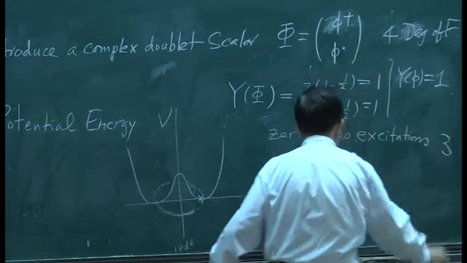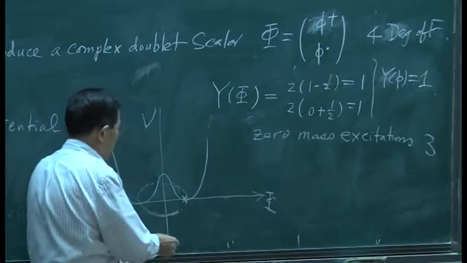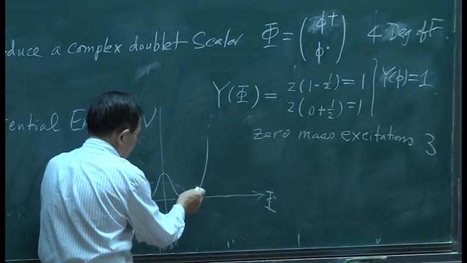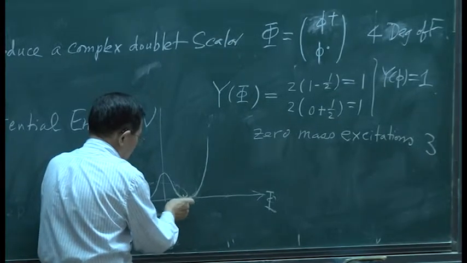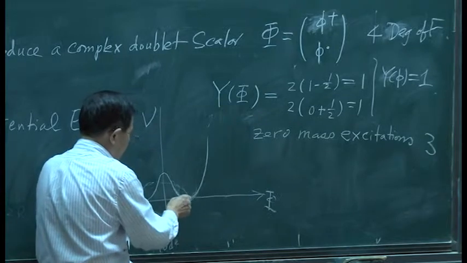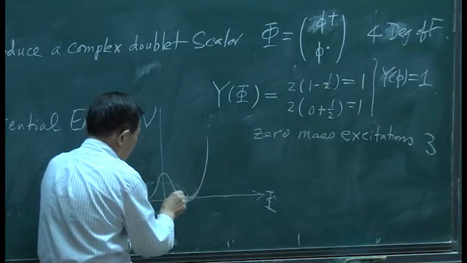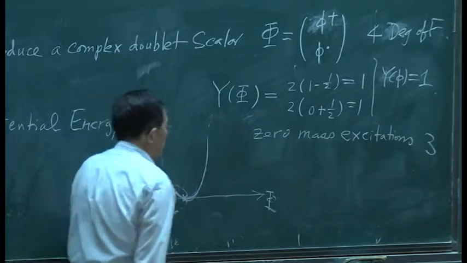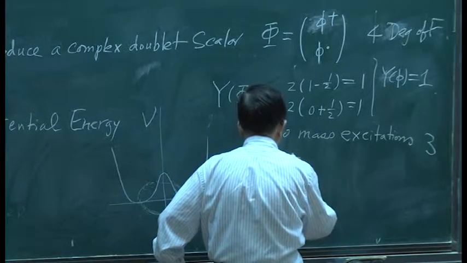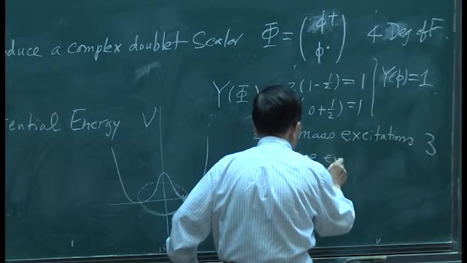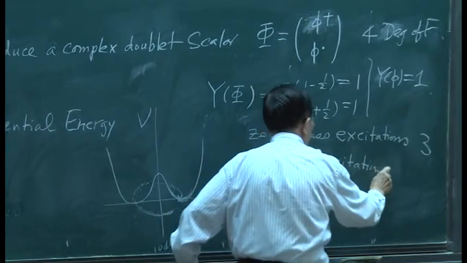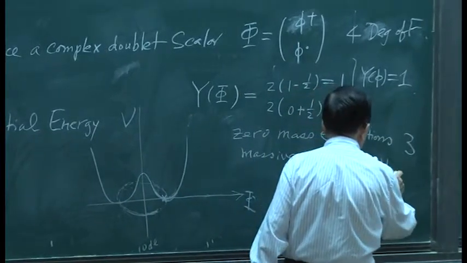And there are 3 of them. But there's another way you can move the particle, move here like this. And it looks like a harmonic oscillator, so you need to add energy in order to move this around. And that's called a massive excitation. And this would be the Higgs.